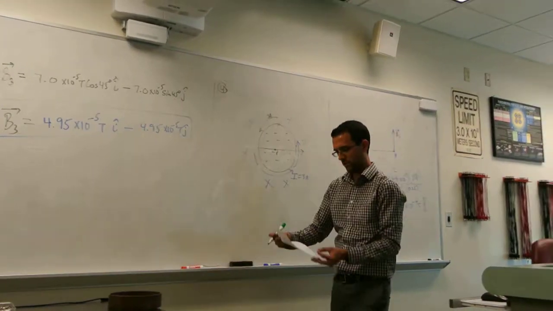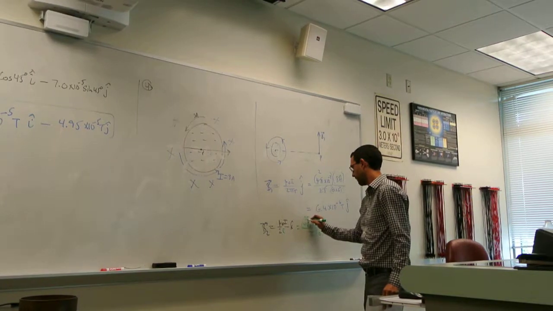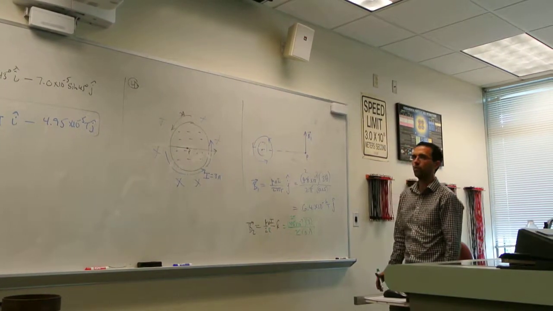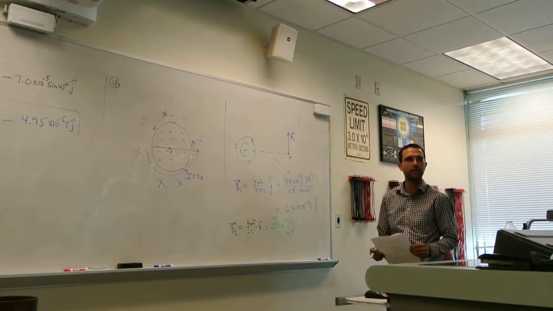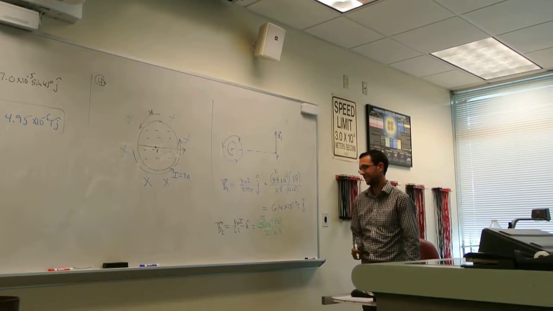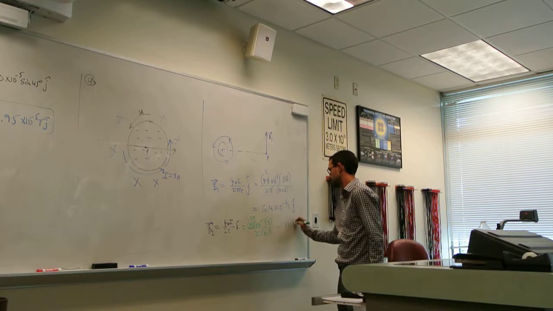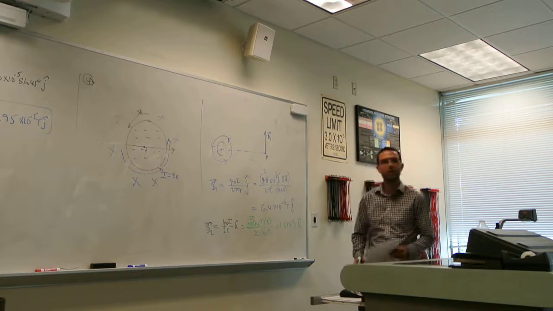How much? 10 centimeters? Okay, so that's 0.1, basically. So that's going to be 2 pi. So 6 pi. So 6 times 3.14. 1.8 times 10 to the minus 5? Yep. Okay. So 1.8 times 10 to the minus 5 Tesla. And that's going to be in the k hat direction.